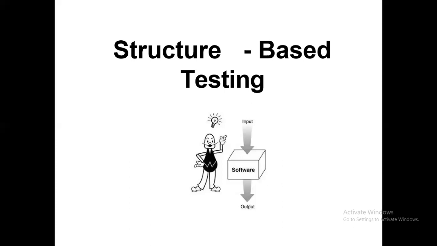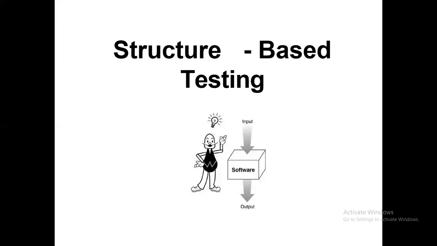And white box testing, like black box testing, is another type of dynamic testing where code execution is there. The main difference is that in black box testing, we consider the entire software as a black box. We don't know how the code is implemented inside the software. But in white box testing, people consider the software as a white box or glass box, which is transparent.